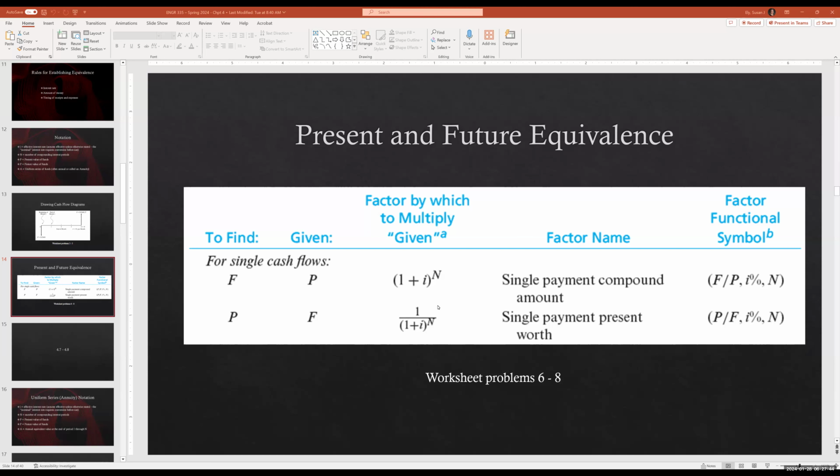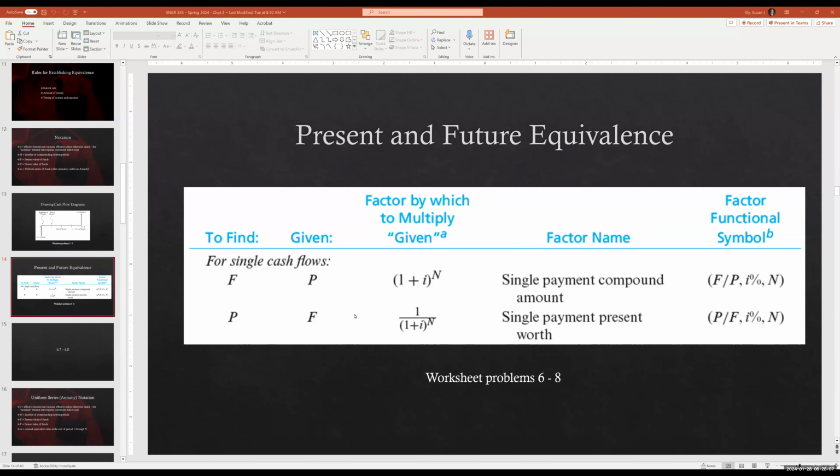So for F given P, we use the compound interest formula. The factor is called a single payment compound amount. And in factor notation, we see it's F given P. Then we have I for the percentage and N for the number of payments or number of compounding periods.